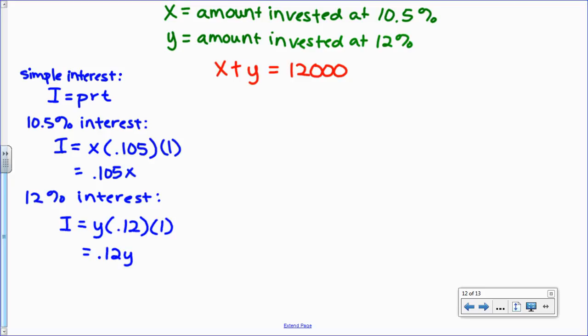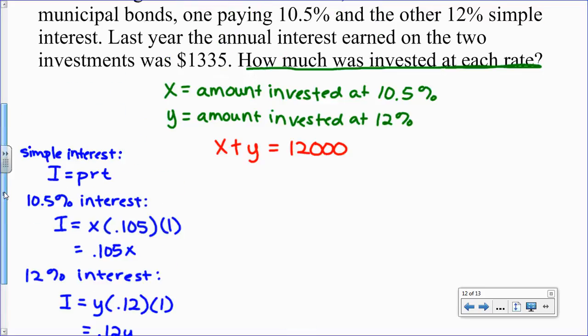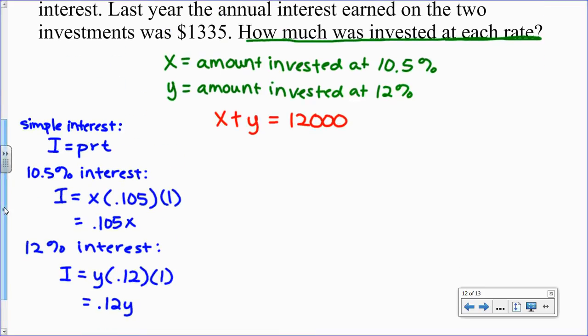Okay. The total interest was $13.35. So this interest plus this interest is $13.35. So 0.105x plus 0.12y is 13.35.